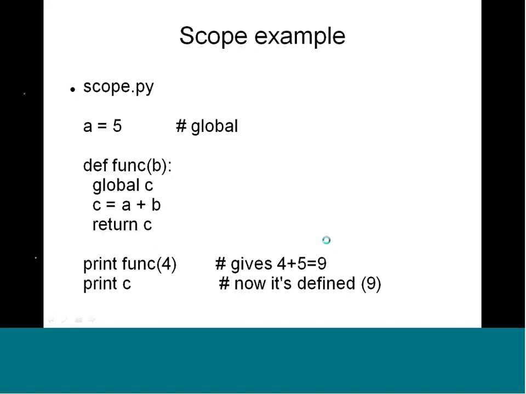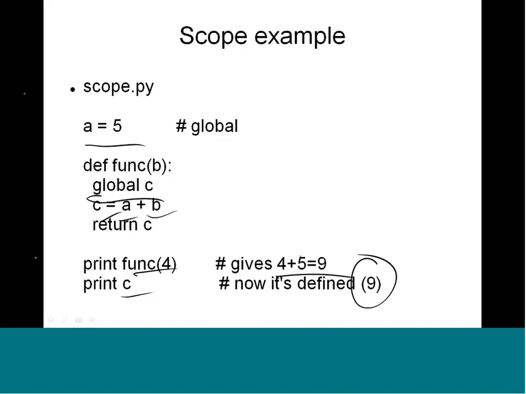So here is another example. a is equal to 5, and then we say global c, and then c is a plus b, then return c. So outside, when we say func 4, it now actually gives the result. And then if you say print c, then now it's also defined, and it's defined to be 9.